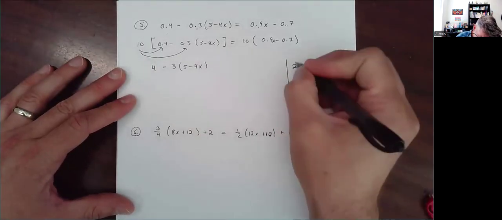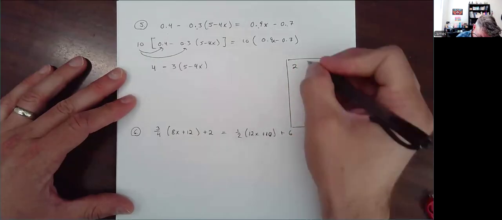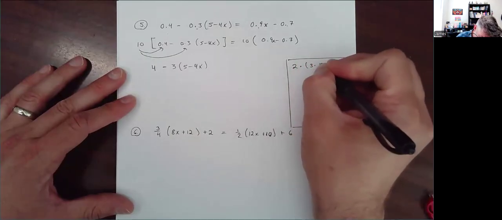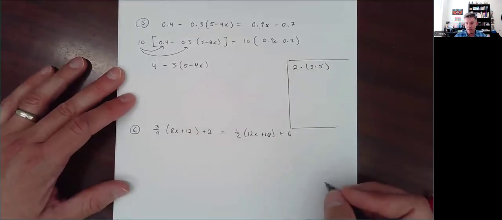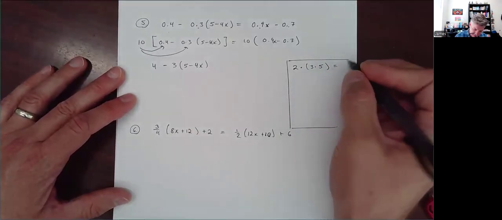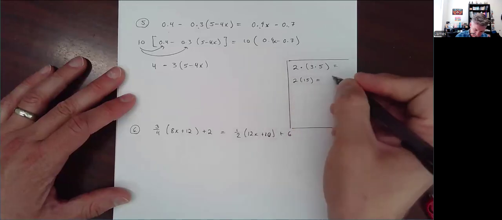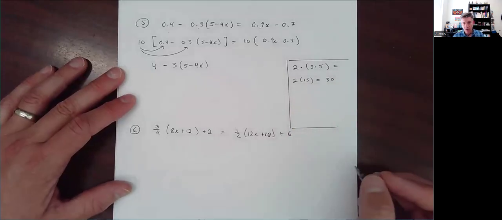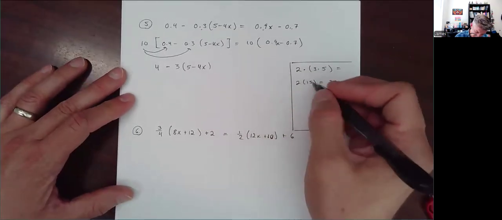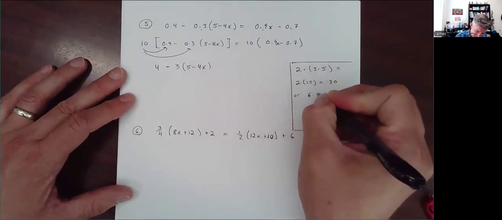It's kind of like if you had 2 times 3 times 5. You could either think of this as first 3 times 5 is 15, and then 2 times 15 is 30. Or you can do the 2 times 3 first, which is 6, and 6 times 5 is 30.